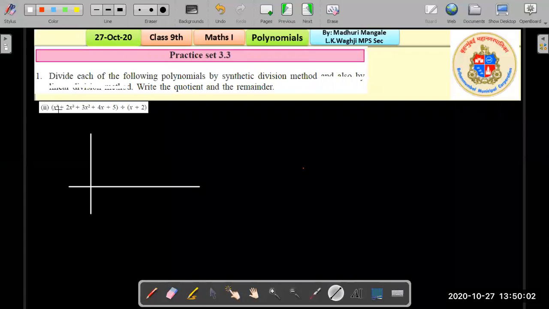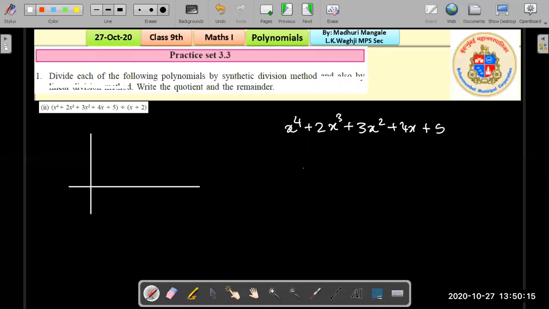So please check, this is x raised to 4 plus 2x cubed plus 3x squared plus 4x plus 5, right? And just look at the degrees. This is 4, this is 3, this is 2, here the degree is 1. So we have all of them, and they are in descending order.